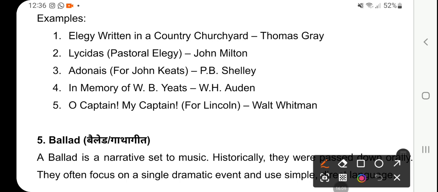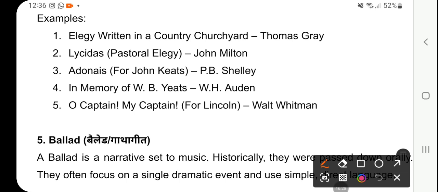Now, Lycidas by John Milton is also famous, right? This is the pastoral elegy. Then Adonais by P.B. Shelley, for John Keats.